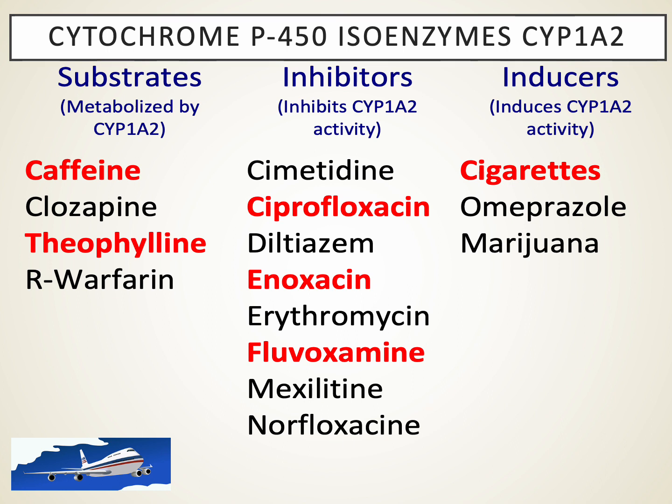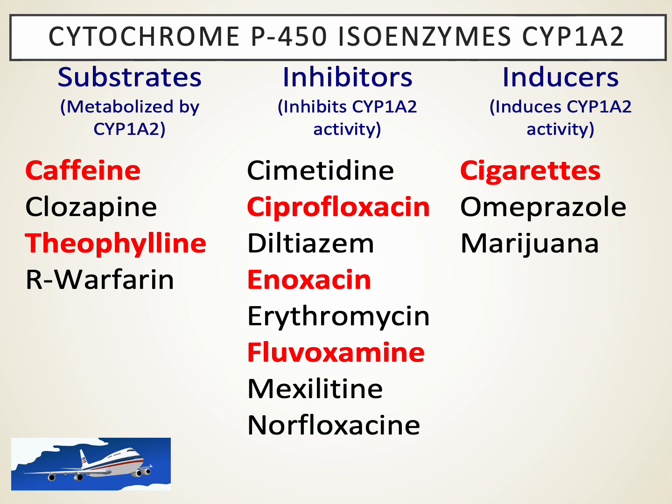And so is one of the stereoisomers of warfarin or Coumadin, the anticoagulant. So the body will clear or metabolize caffeine, theophylline, clozapine, and warfarin into usually inactive metabolites, or some may be active and some inactive metabolites, by cytochrome P450 1A2.